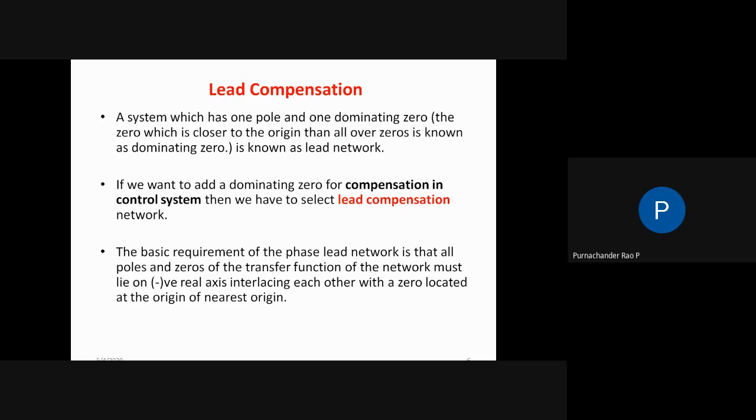So if you want to add a dominating zero for compensation in the control system, then we have to select the compensating network. We have seen in the last class what are the effects of adding poles and zeros into the system. What are the locations of poles whenever we add a pole in the left half of the S-plane? What is the time response? If it is added in the right half of the S-plane, how does the time response vary, which we have seen in the last class.